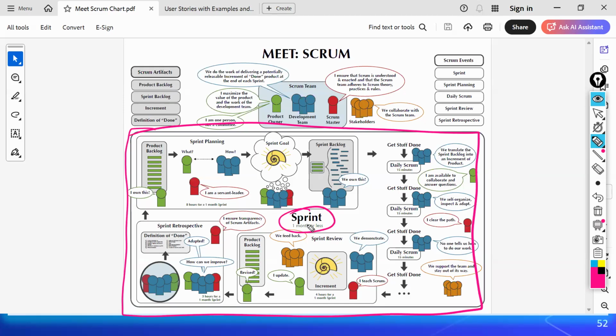This sprint is just the overall activity.